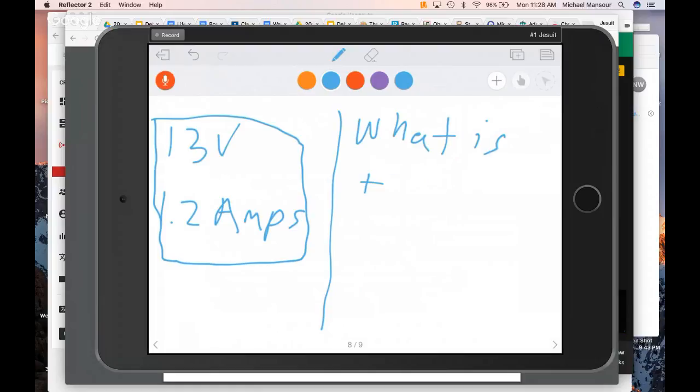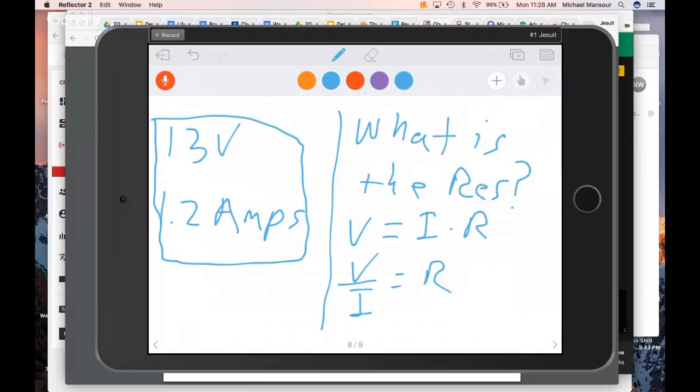If I want to know what is the resistance, I need to use Ohm's law. And Ohm's law states that V equals I times R. Well, I don't know R here, so I need to do V divided by I equals R. So what you would do then is 13 divided by 1.2.